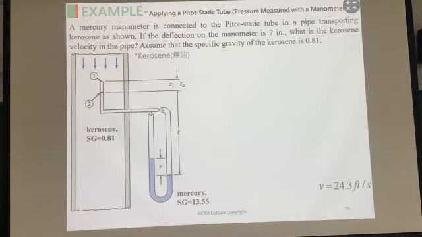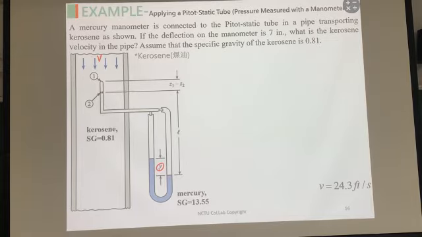Following these ideas, the question is, the figure tells you, can you answer how large the flow velocity is in here? This is a Pitot tube. The figure shows the user putting the Pitot tube inside the flow, and you can observe some deflection of the mercury liquid inside here.